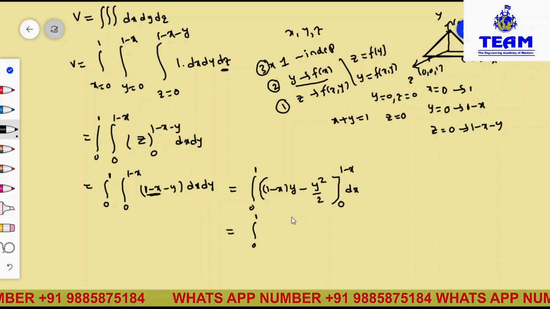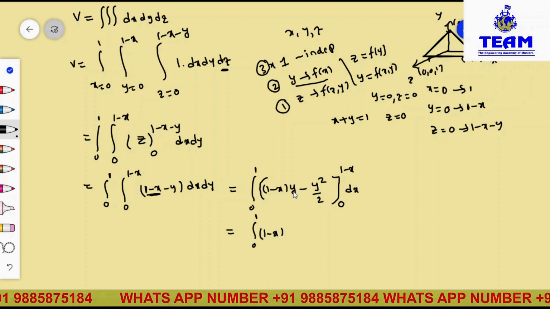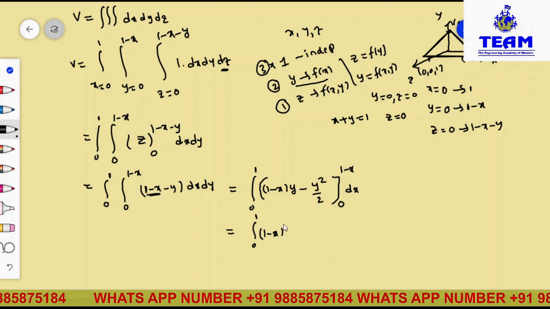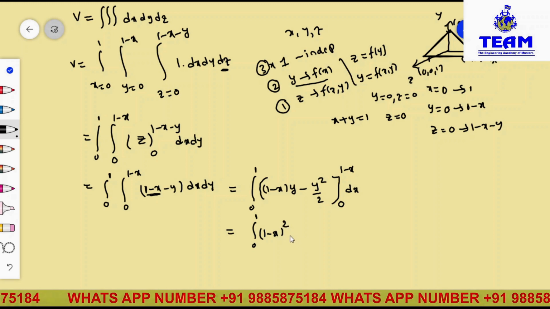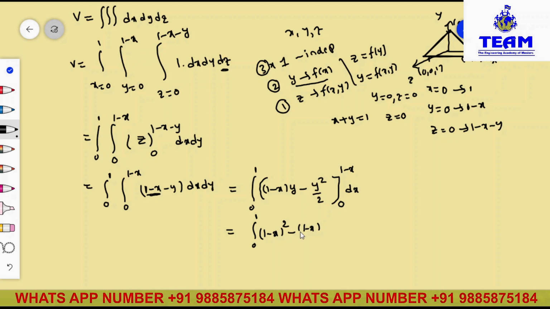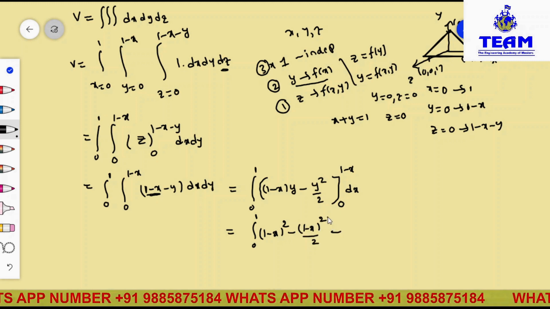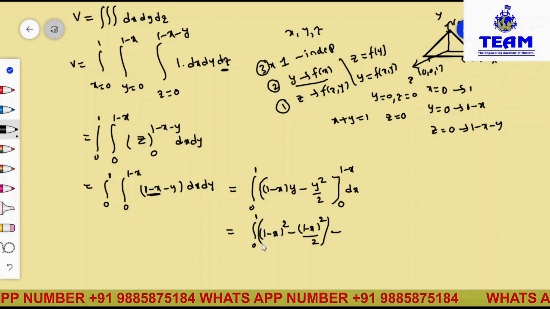First f of b minus f of a form, friends. If I substitute the upper limit, what will you have? 1 minus x into 1 minus x, which means 1 minus x whole square, minus (1 minus x) square by 2. This is the upper limit, friends, minus the lower limit.